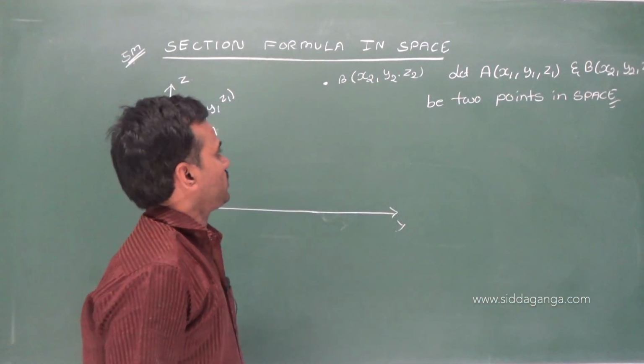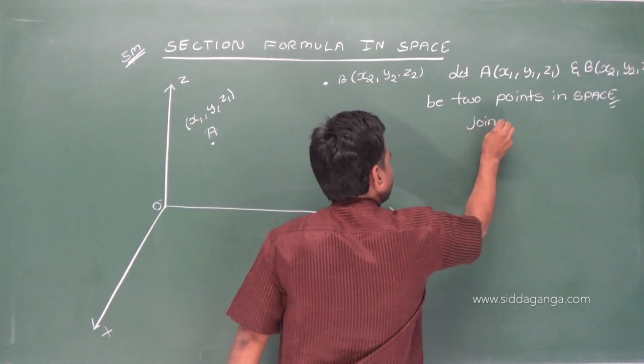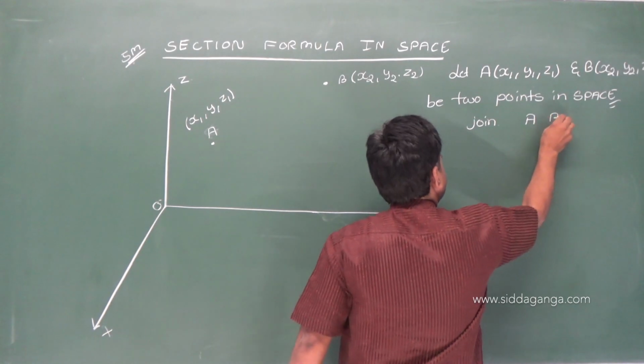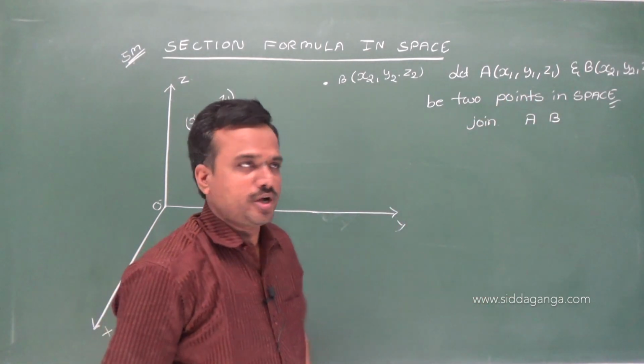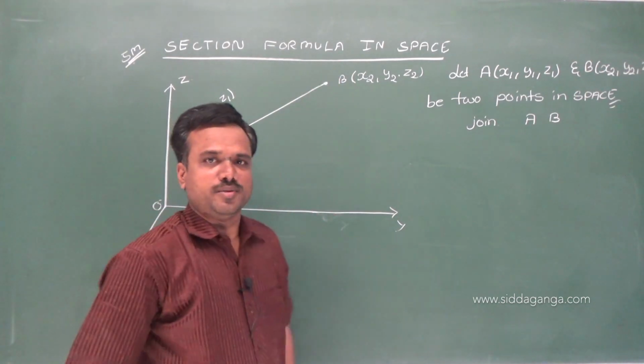Clear? This is the first one. Next one, join AB. What we do? Join AB. We join it.